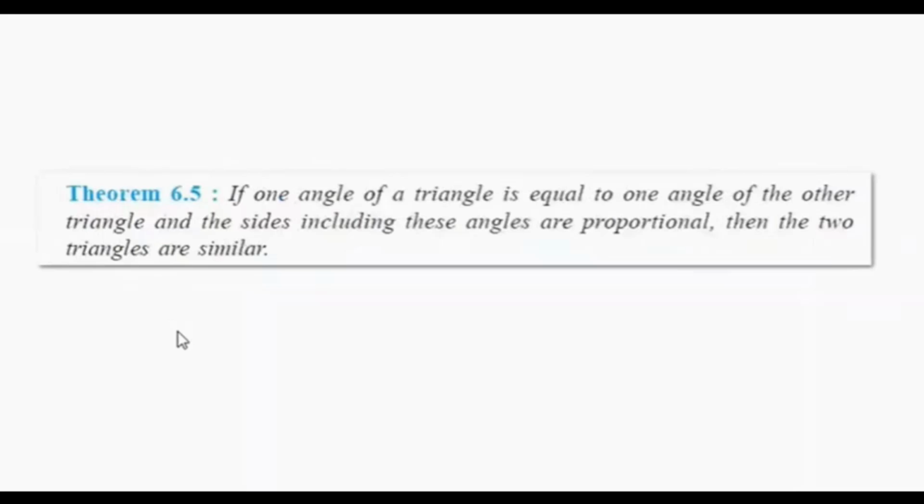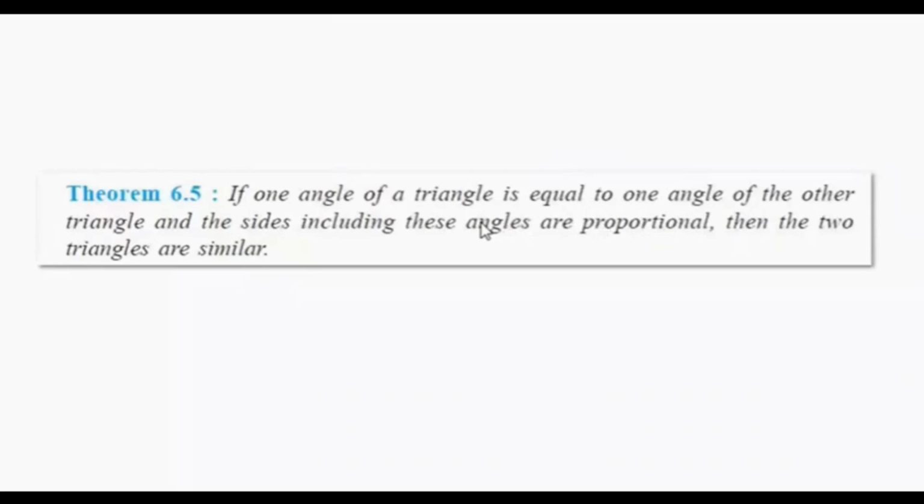The third criterion is like this: if one angle of a triangle is equal to one angle of another triangle, and the sides including these angles are proportional, then the two triangles are similar. One angle each in two triangles are equal, and the sides including these equal angles are in the same ratio.